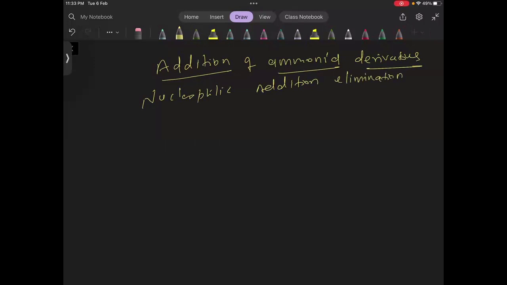You will understand as we proceed with the mechanism why I am telling you that it is a nucleophilic addition elimination mechanism.